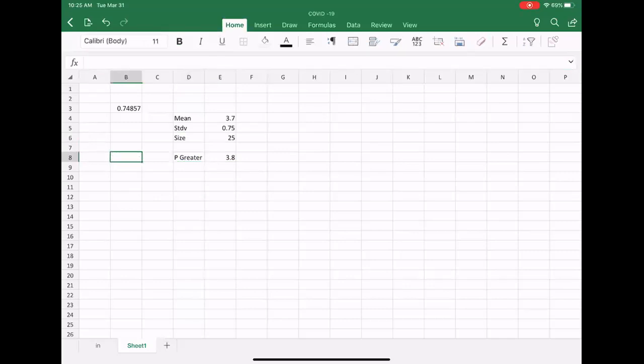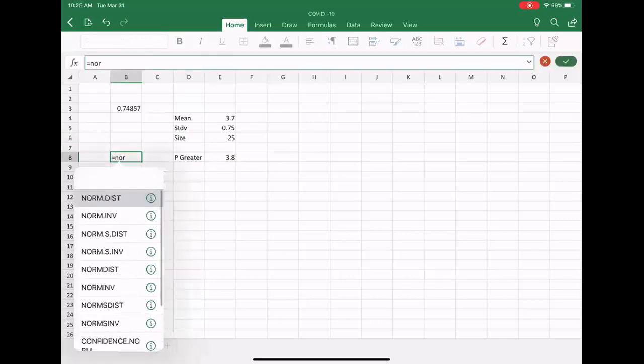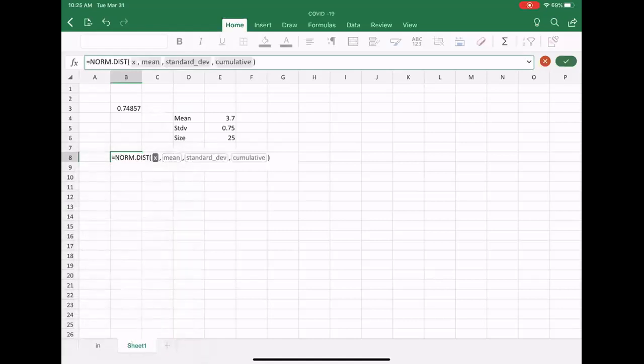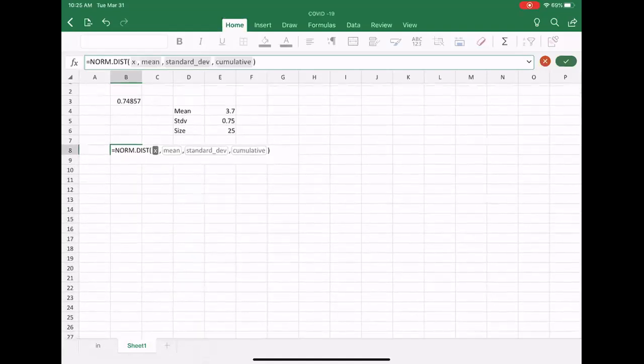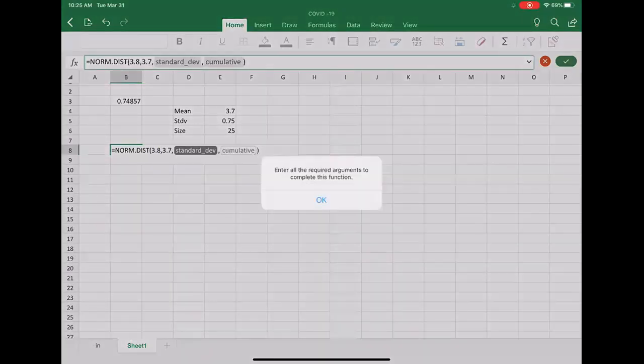So to actually solve this in one step in Excel, I type in equals, and I take the NORM.DIST without the S. Now you can see it needs a lot more information. It needs our X, which was 3.8. It needs our mean, which was 3.7. It needs our standard deviation, which was 0.75.